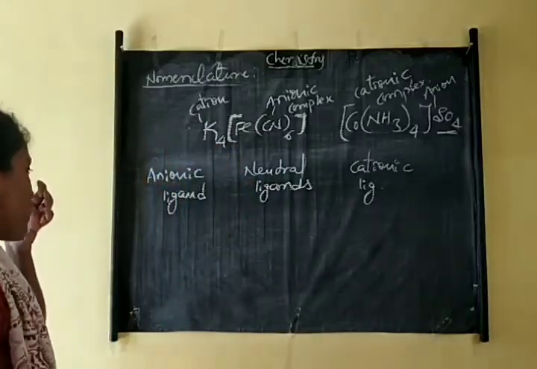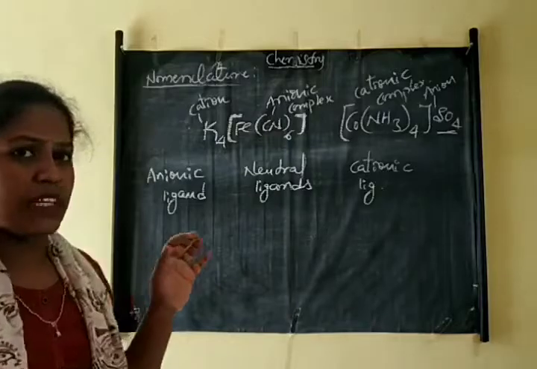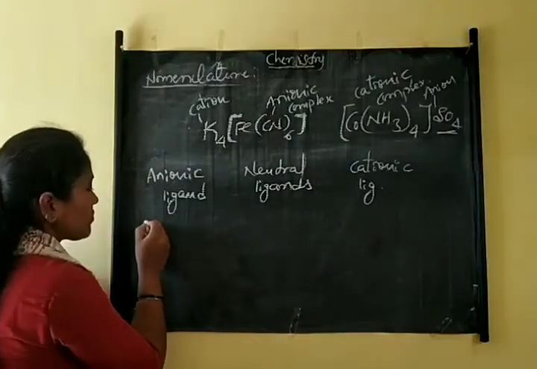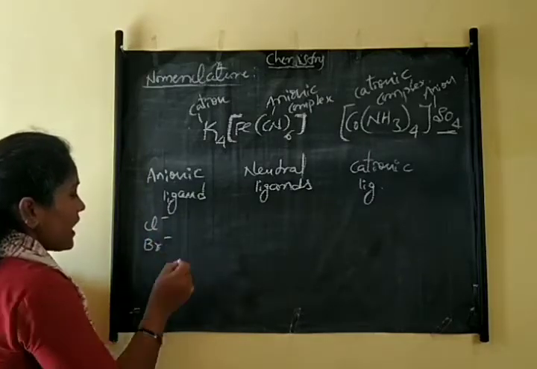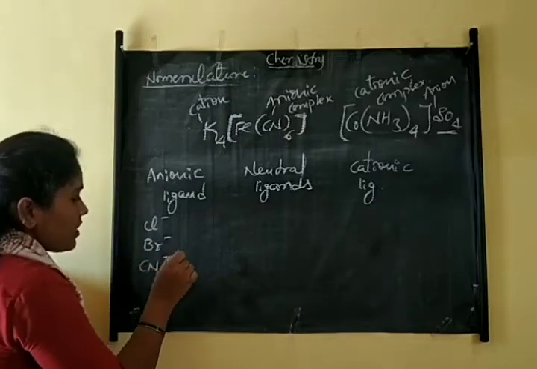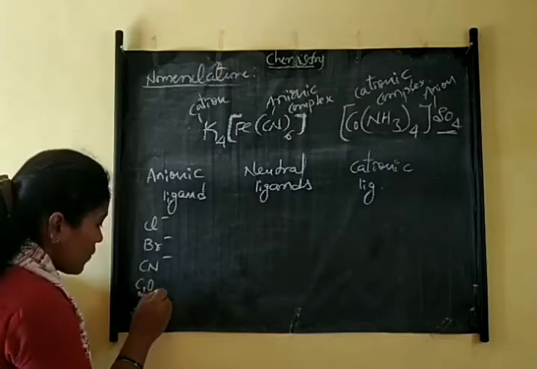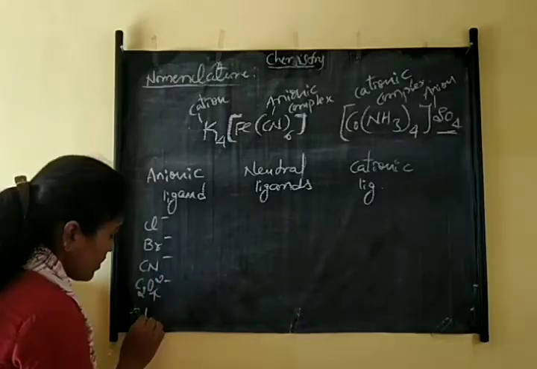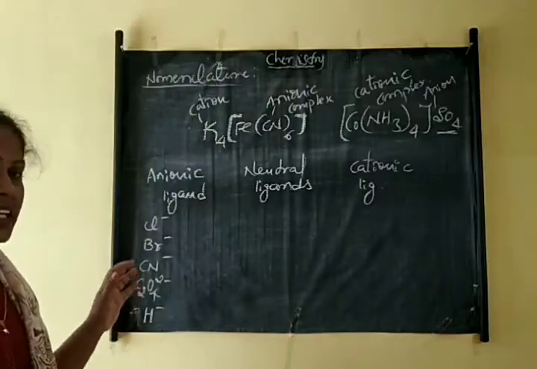Okay, so anionic ligands are ligands having an anionic charge. That is Cl minus, Br minus, CN minus, C2O4 2 minus, H minus. These are all anionic ligands.